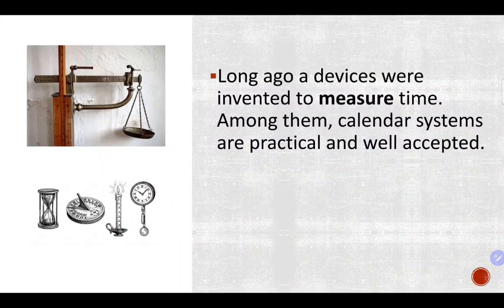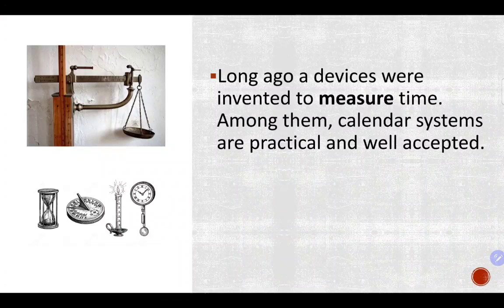Long ago, devices were invented to measure time. These are some of the devices that they invented before. As you can see here, they have the hourglass, the candle clock, and there are more here that I'm not familiar with.